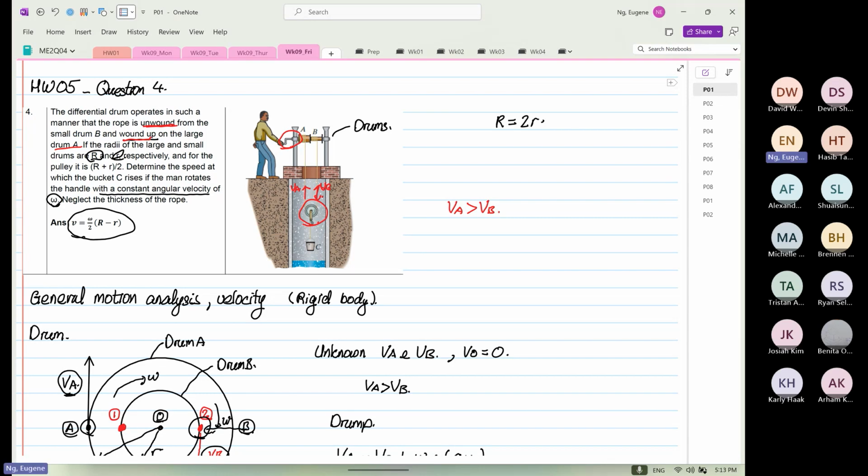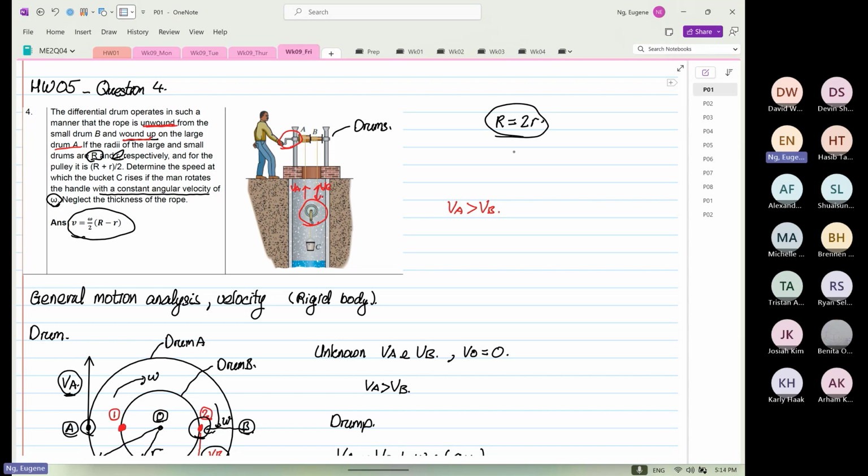So the only advantage when R is equal to 2r, yeah, you will know your velocity very easily. Yeah, I know. But the problem is it's only unique for one situation, right?